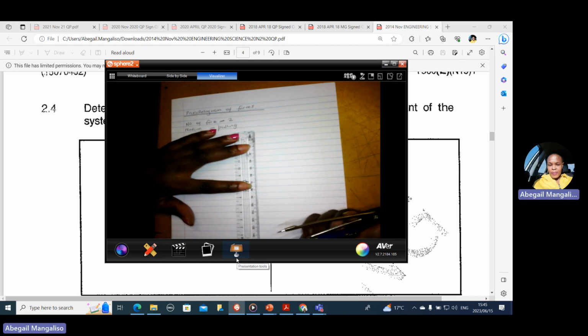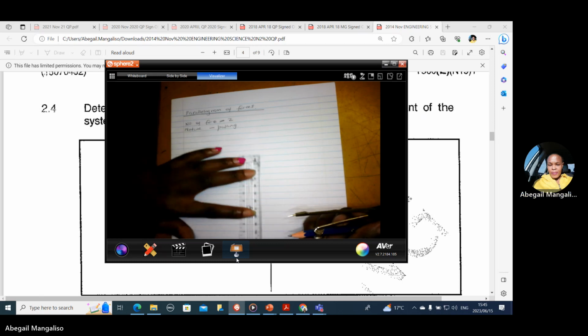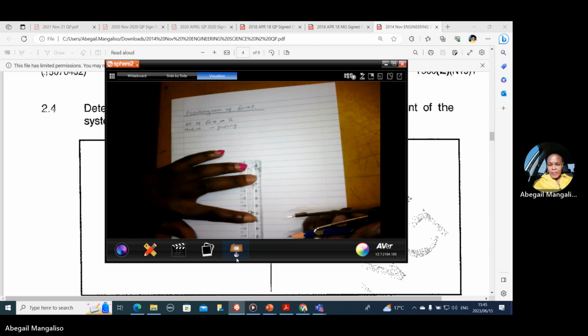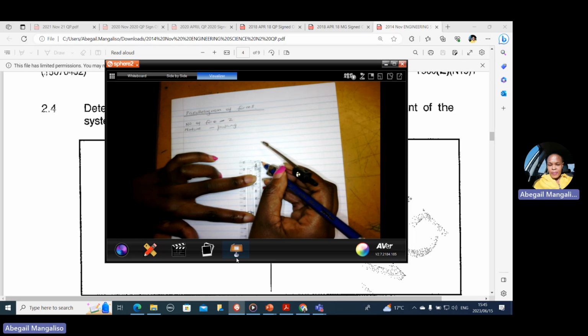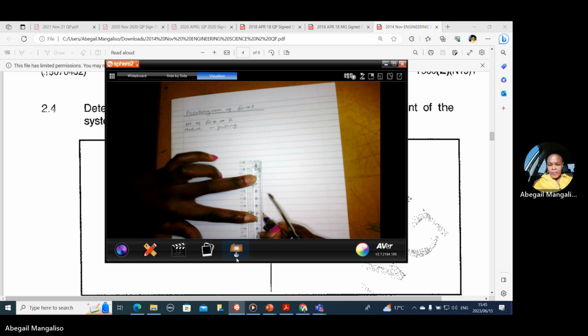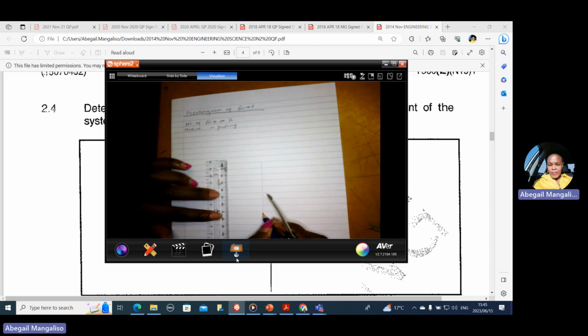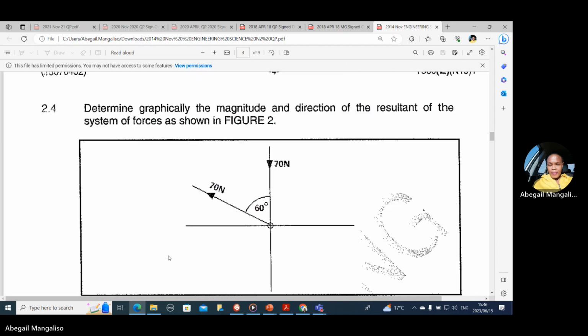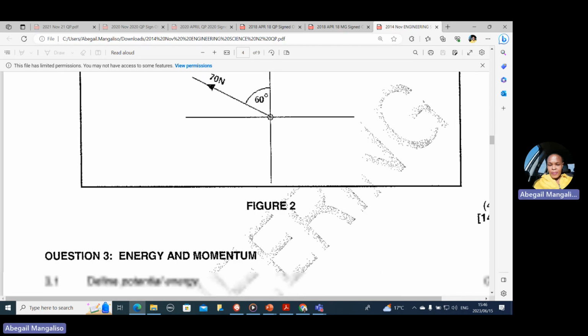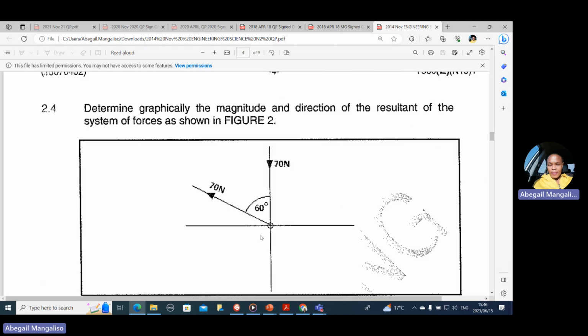The force is vertical, straight down, and it is 70 newtons. So I'll sketch a line. When the scale is not given, you can use any suitable scale. There is no scale given, so you can use 1:1.